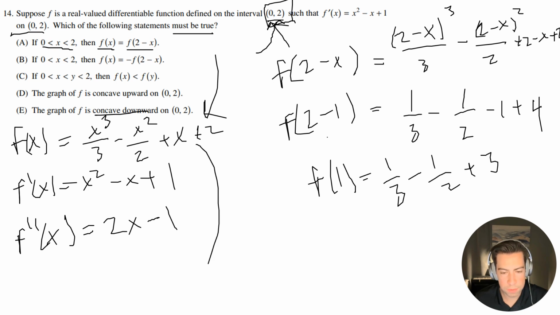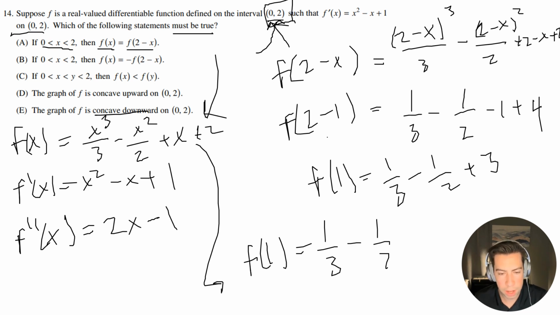If I use this function, I get f of 1 equals 1/3 minus 1/2 plus 1 plus 2. Oh, hold up, that is the same thing. Should I end the video now or keep going? Hang on, let me think here. I think it's going to break down if I do 3/2, 4/2, 1/2.